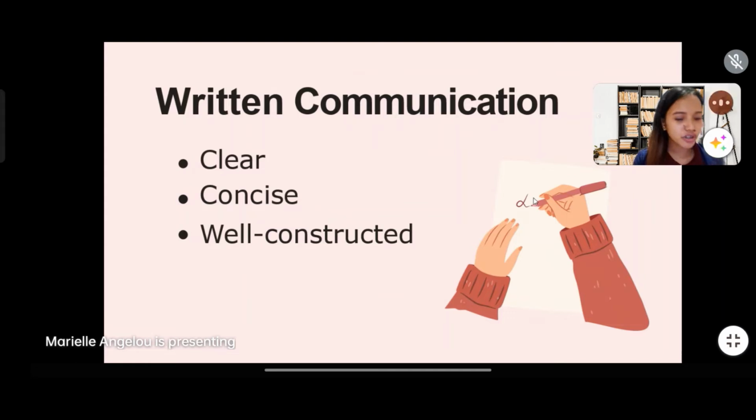Your introduction should be stated first, then your body should follow right after the introduction, and the conclusion should be placed on the last part of your message, especially if it is a speech or any type of written communication. Simply, it should be well constructed. The thoughts and ideas should be conveyed according to their importance, and you should put more emphasis on what you want to emphasize. Next.